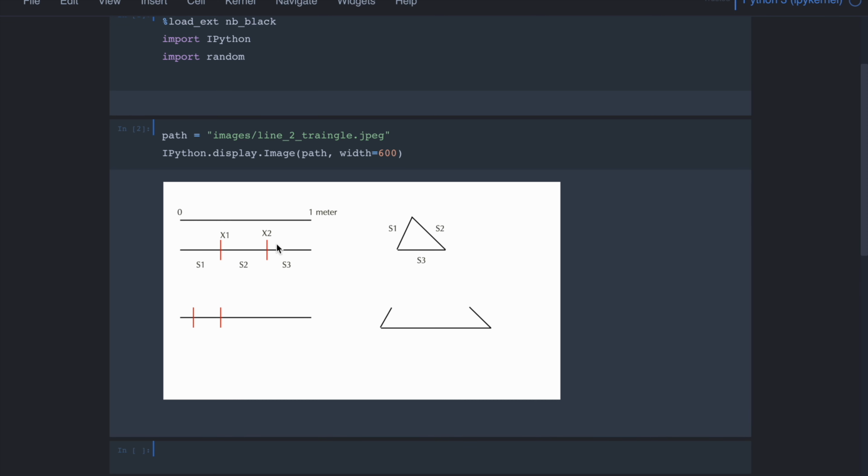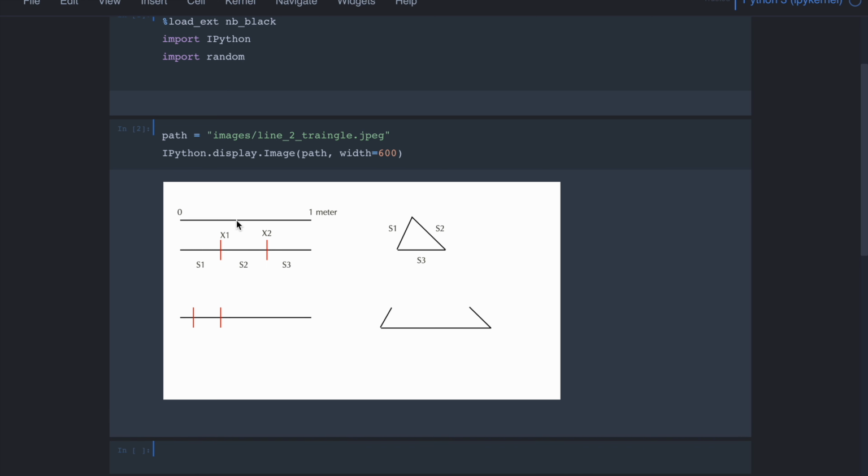For example, in this case, let's say we roughly cut the line into three equal proportions, right? So using these three segments, yes, we can form a triangle. But let's take this scenario where two segments happen to be very small and the third segment is very long. Now, can we form a triangle with these three line segments? The answer is no, right?